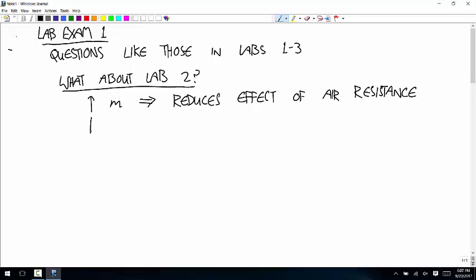I want you to know that decreasing the surface area reduces the effective air resistance. And decreasing the speed reduces the effective air resistance.